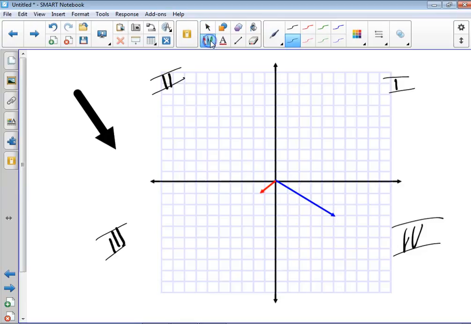graphically, just to get a feel for things. There are two methods, tip to tail or parallelogram method. I'll demonstrate both real quickly. For the parallelogram method, just sketch in a line that is parallel to that. This black dotted line is parallel to that, as best as I can get.